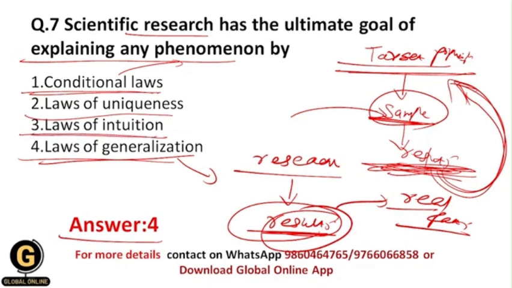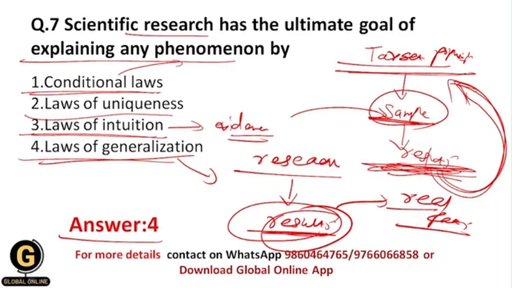Then laws of intuition means that basically we apply our intuitions to the result section of our research study. So here we don't use the evidence, or we don't rely on the evidence. We rely on our thinking power, our intuitions. So these are the laws of intuition.